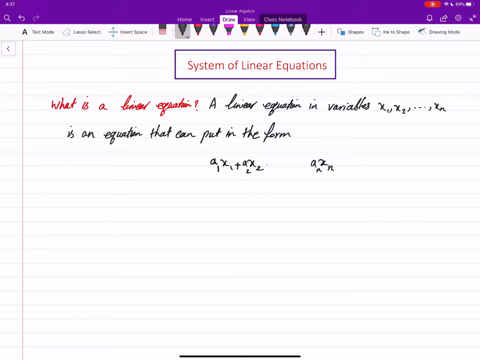Then these are added and equal to a number, a constant, where a1, a2 up to an and b are constants.